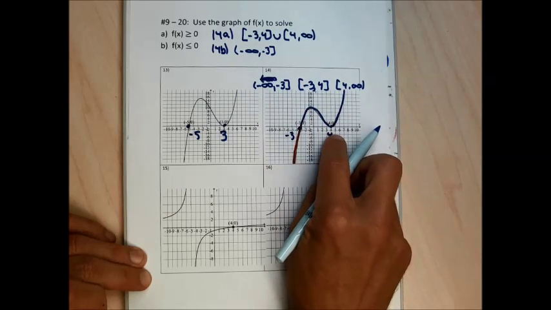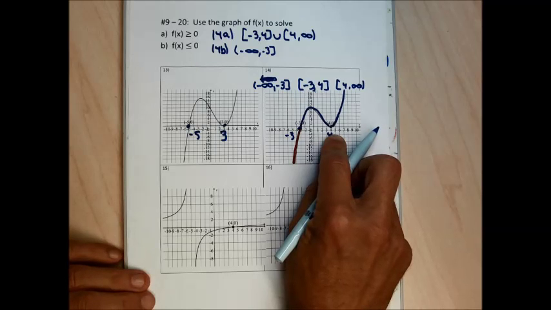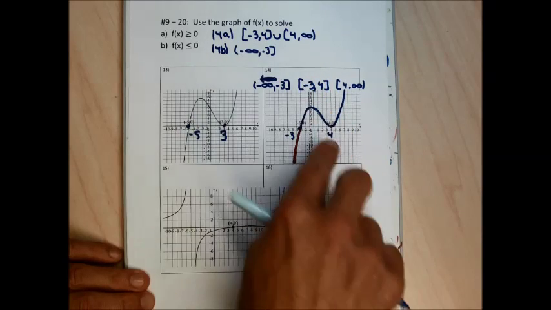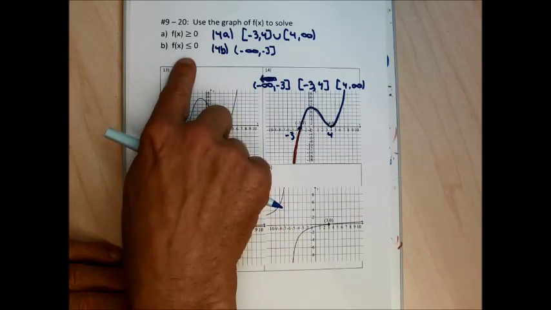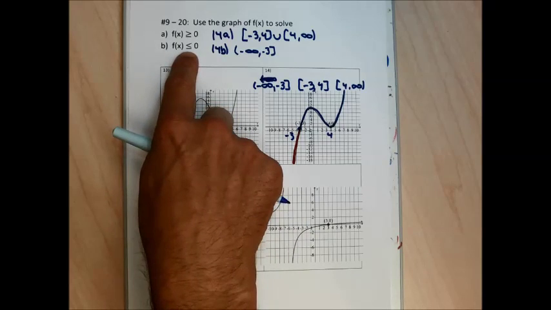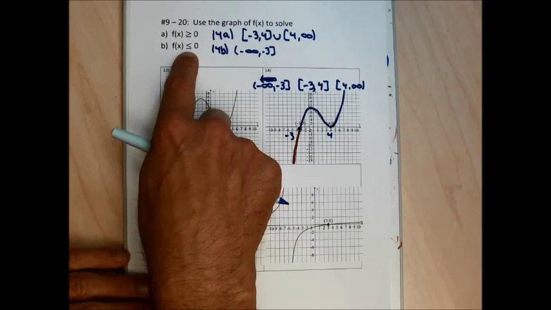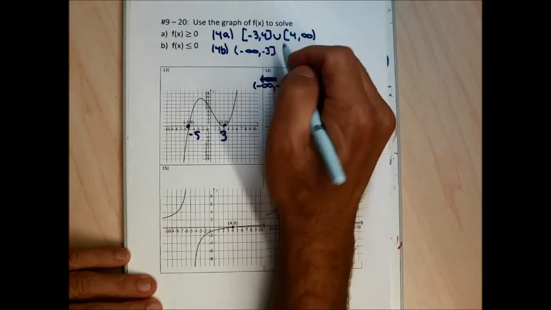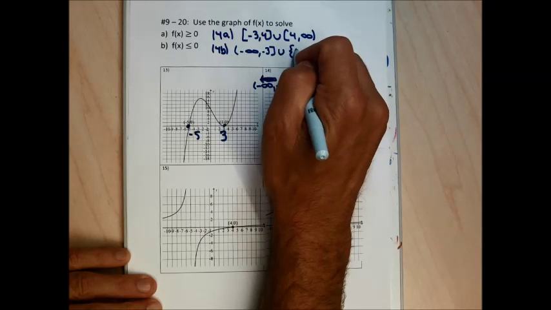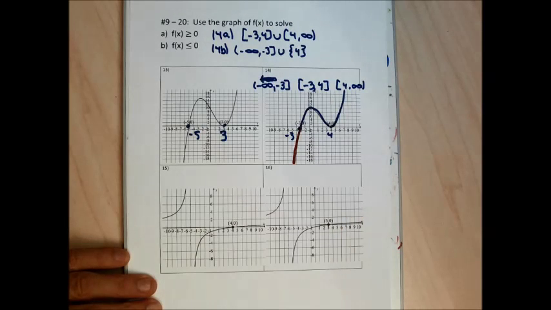This lonely point right here is a point where the y equals 0. It not only belongs in part A, it also belongs in part B, because part B wants any region where the y's are negative or touching the x-axis or on the x-axis. This single point 4 needs to go as part of my answer to B as well. This would be a perfect answer for this.